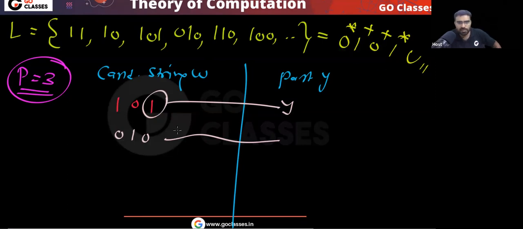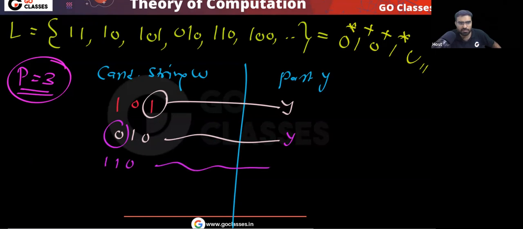Next, what about 010? For this, I can take this 0 as Y, because I can repeat this 0 any number of times, no problem. What about the next, 110?